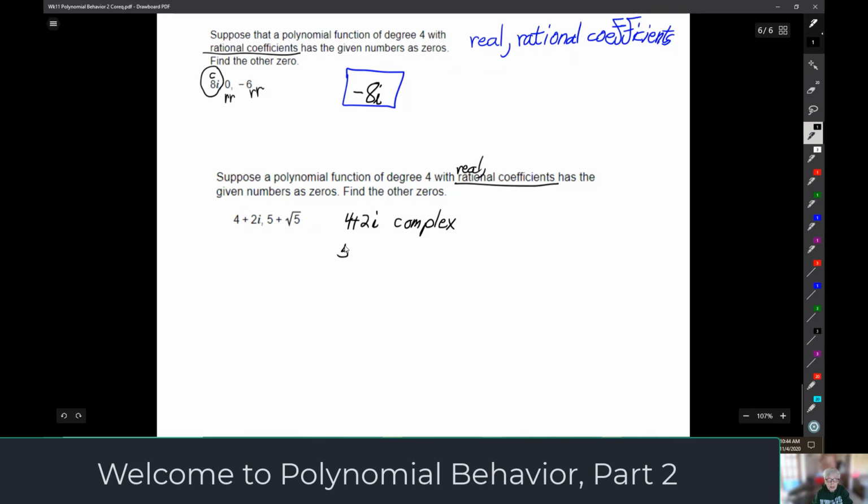And 5 plus the square root of 5 is in the real number system, but it's irrational.